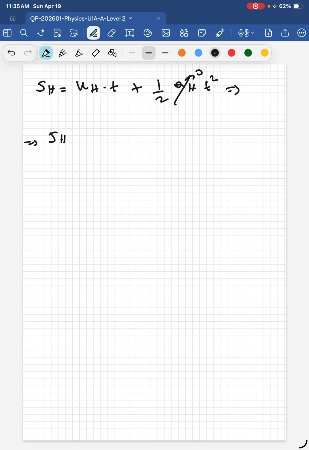So the distance in the horizontal direction is going to be 31.72 times 3.2, which yields 101.65 meters, which is larger than 100 meters. Okay, so yes, it will make it. He will make it, or she.